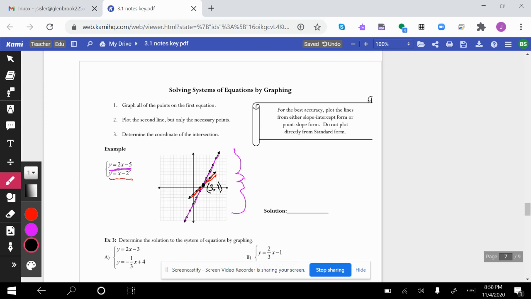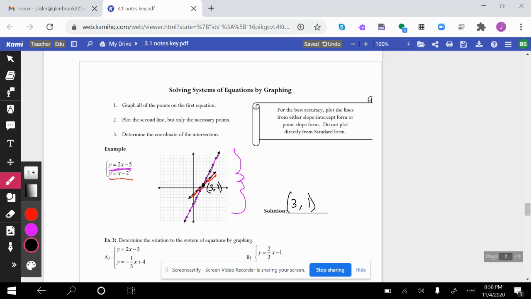And so we know that our solution is the ordered pair (3, 1), because that's where the two lines intersect.